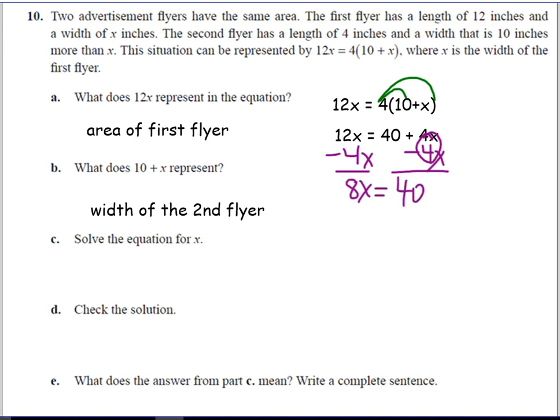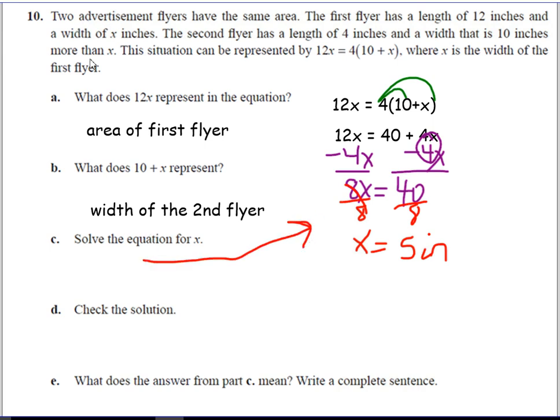Our last step would be to divide the 8 off. So we're left with a single x on the left and then we need to do 40 divided by 8, which is 5. And that 5 is in inches. So we solved it for x equals 5.